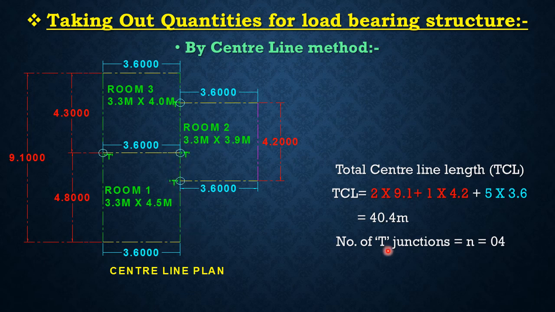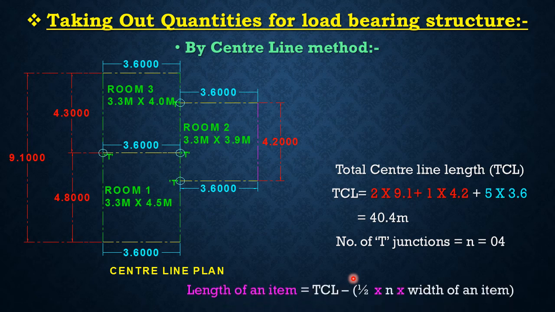So here the number of T junctions, denoted by small n, is 4. Then calculate the length of an atom. How is it calculated? The formula is: length of an atom is equal to TCL, total center line length, minus 1/2 into number of T junctions into width of an atom.